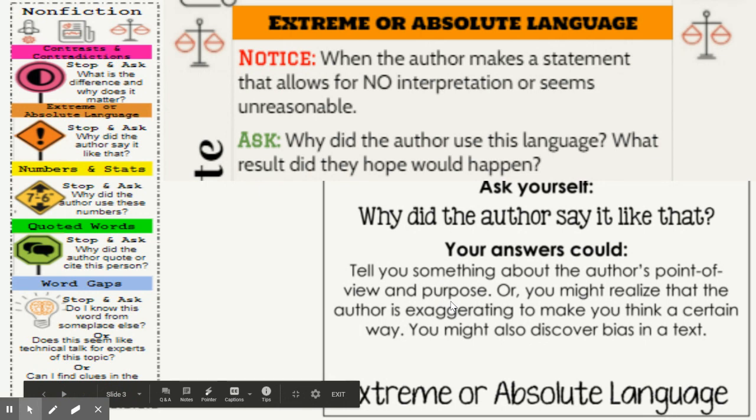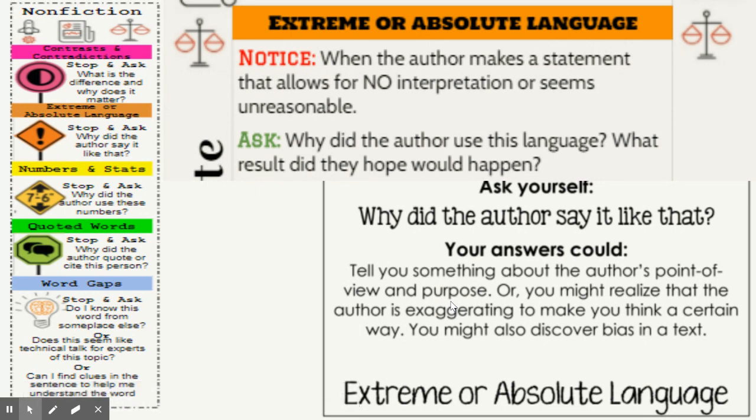All right. The second one we're going to look at is the extreme or absolute language. So when you're reading an article, many times the author will choose language that is there to show us that something may be of very significant importance in their idea.